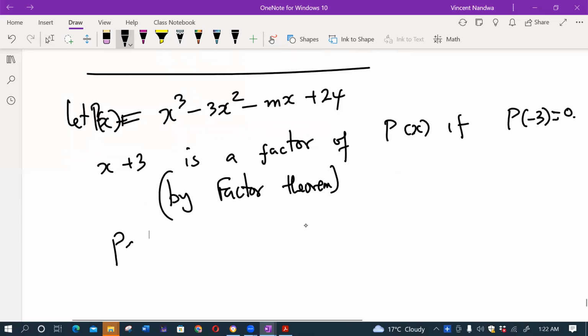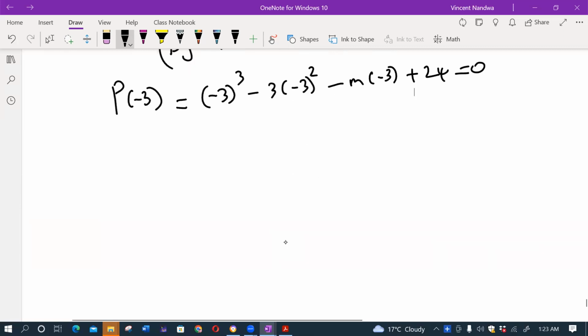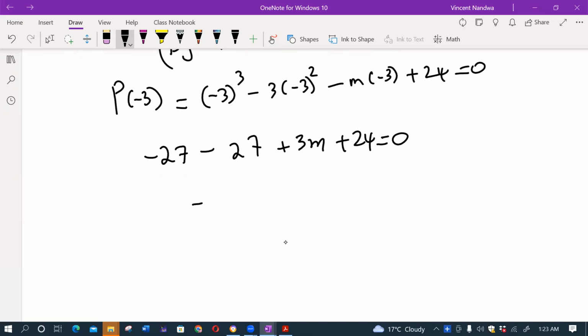So p of minus 3 will be minus 3 power 3 minus 3 power 2. Expect this to be 0. So minus 27, 9 times 3 is minus 27, plus 3m plus 24 equals to 0.